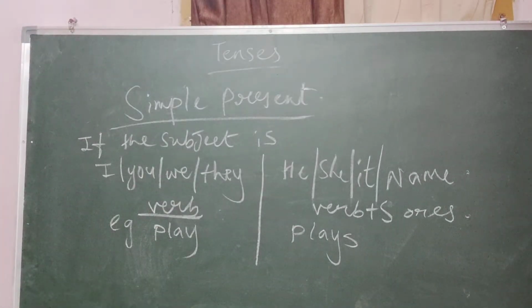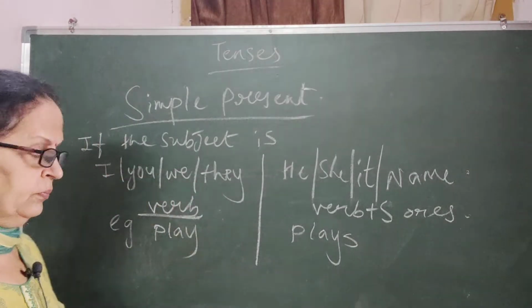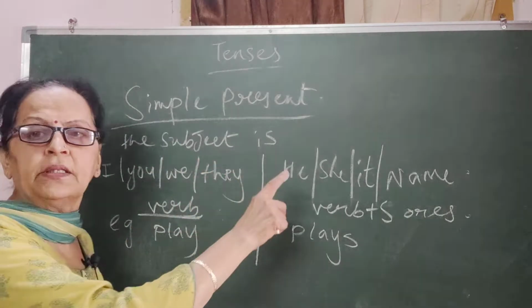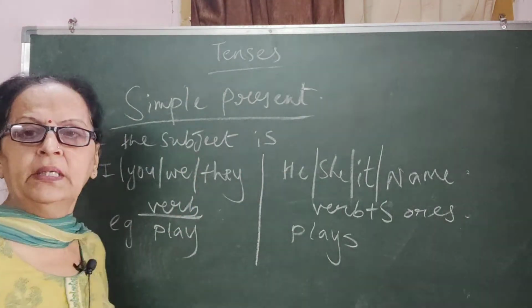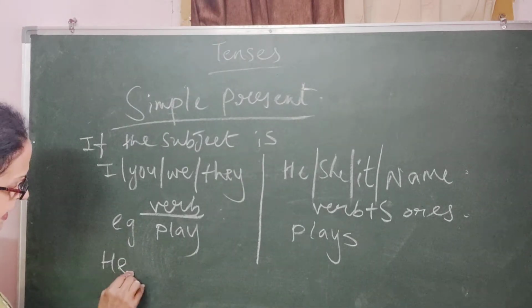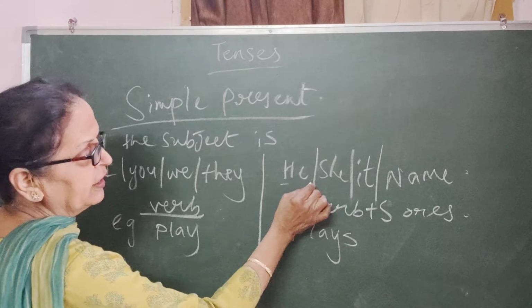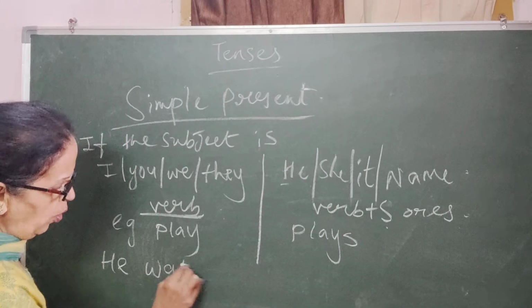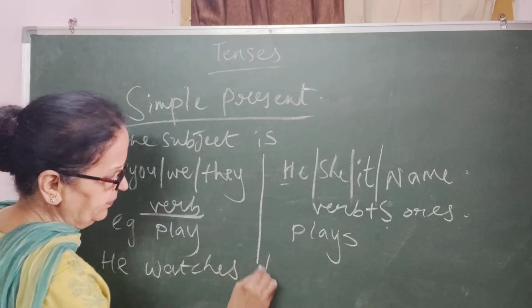Now let me put up one more example for this, because I am not going to rub this. The rule is dependent on the subject. Now my sentence is, if I am using he here, you have to add s to the verb. He watches TV.